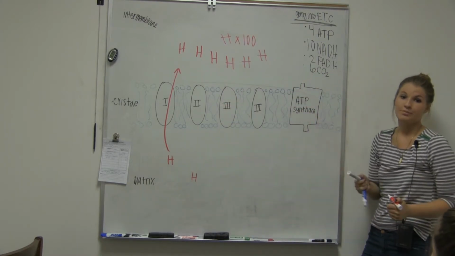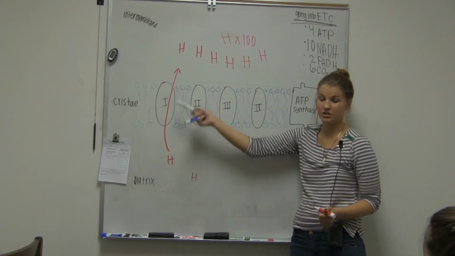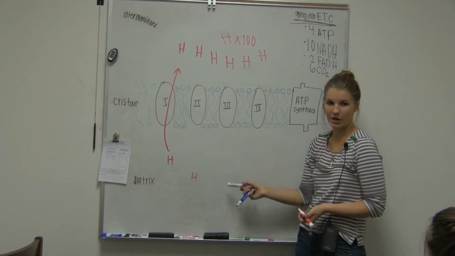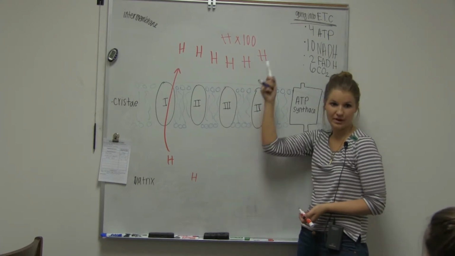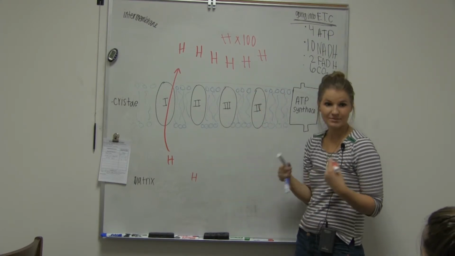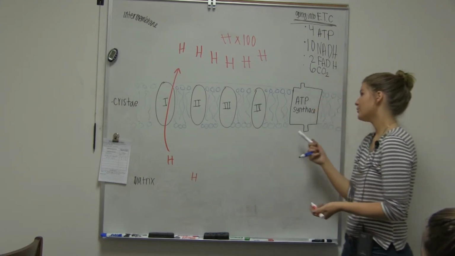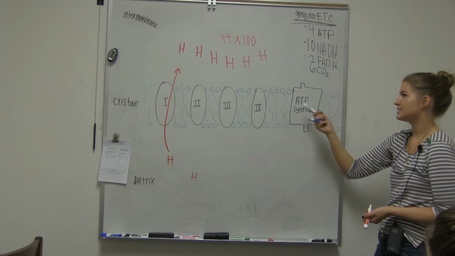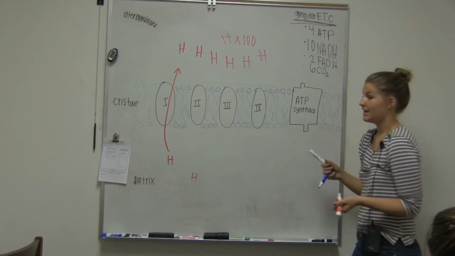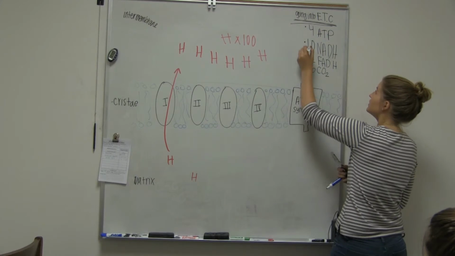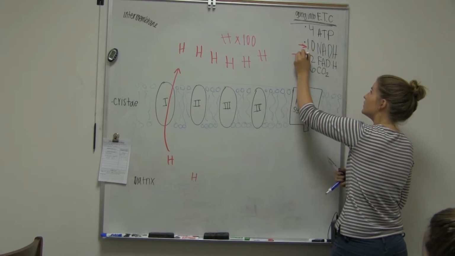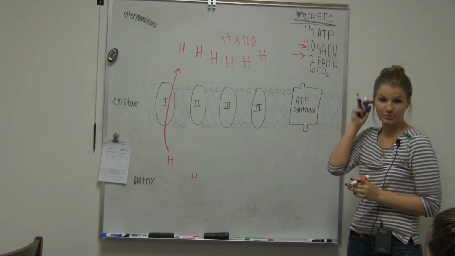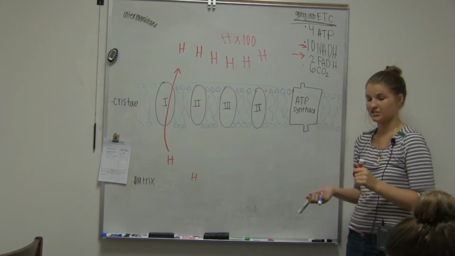Because we're putting these against their concentration gradient, right? Normally you want things to go from high to low. Instead, we're going from low to high, so we need some type of pump. Normally, we always use an ATP pump, right? But if we were to use ATP pumps, it would be counterproductive. Instead, we have NADH and FADH, which are electron and hydrogen transporters.